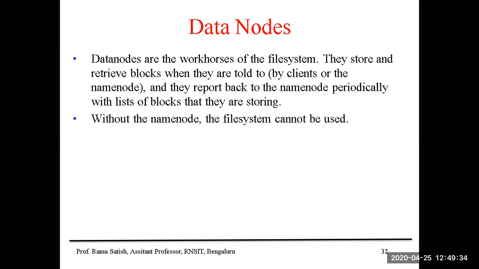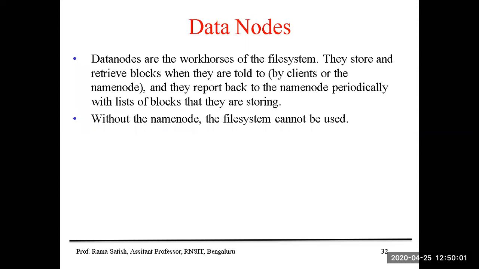Suppose you have a question. Suppose there is a problem with respect to the name node itself. The name node is also designed on commodity hardware, so there may be chances that the name node can also crash.